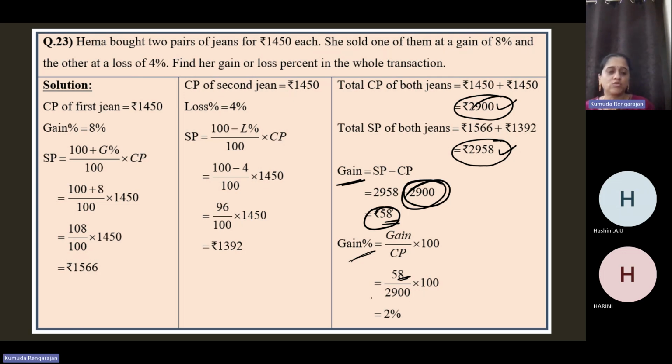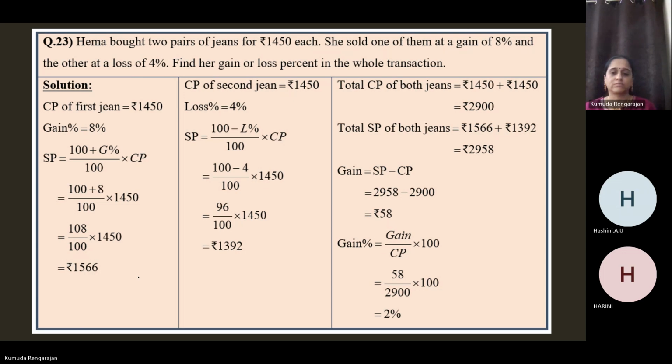On simplifying, you get 2%. This is clear, all of you? Understood?